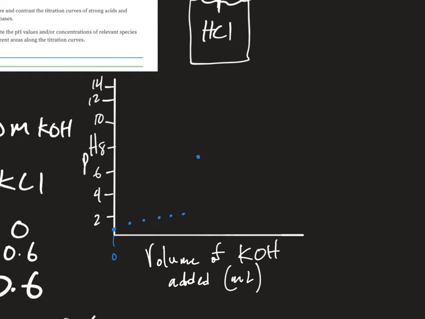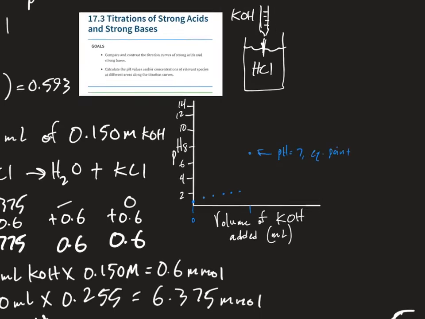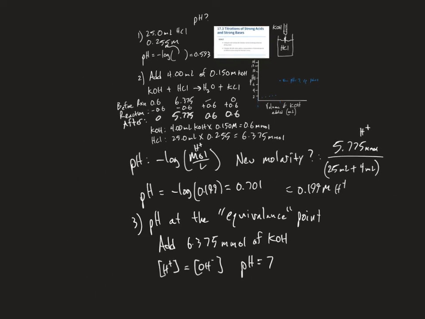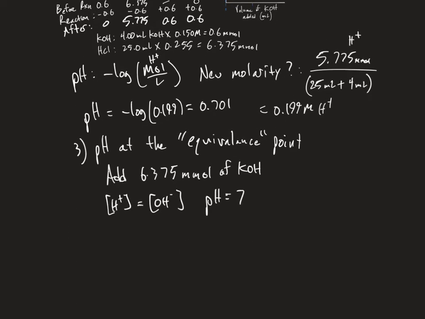So there's always this big jump in these pH curves when we hit the equivalence point. pH equals 7. Just jot that down. That's our equivalence point. That's at some amount of volume of KOH added. So that's an easy calculation. For strong acid, strong base, that's what we mean by equivalence point.